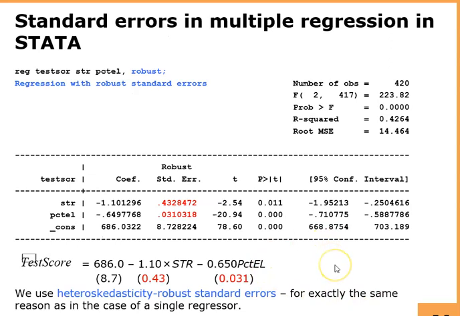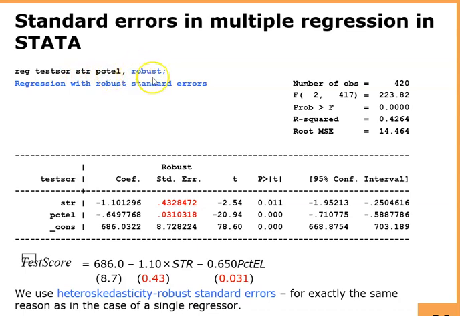So this is the result of the regression estimation which we get through STATA. You have your regression command, you have your dependent variable test scores, you have your student-teacher ratio, which is your first regressor, and your second regressor is percentage of English learners.